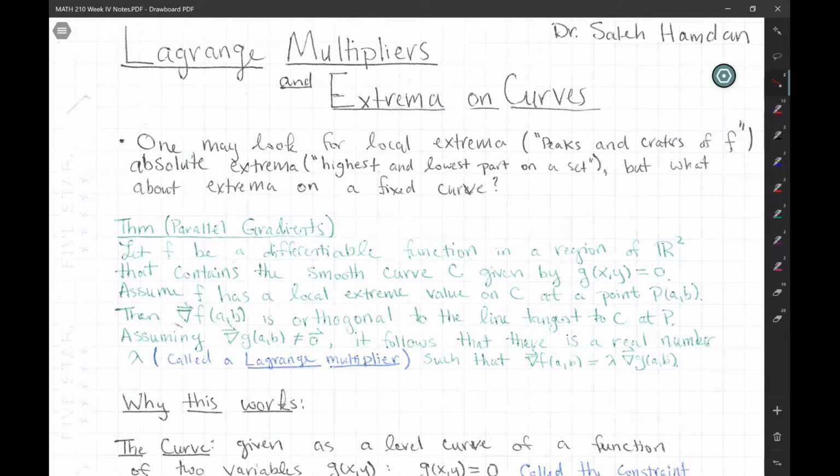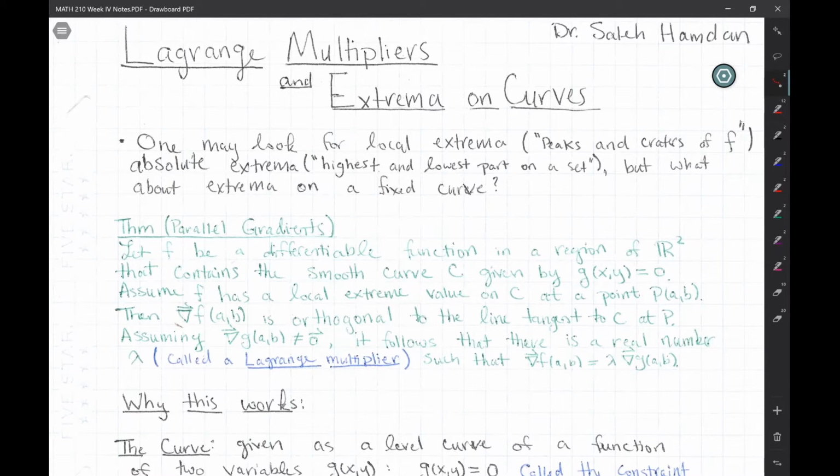We also talked about absolute extrema. That's the highest and lowest part of a function on a set. A question that is analogous to that is what is the highest point in Wyoming and what is the lowest point in terms of altitude in Wyoming?